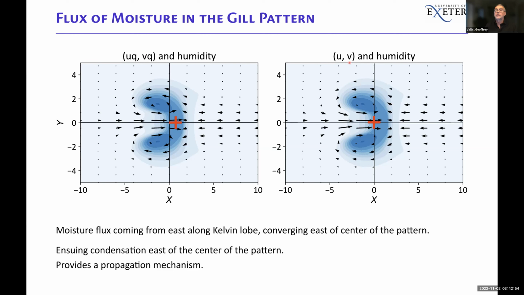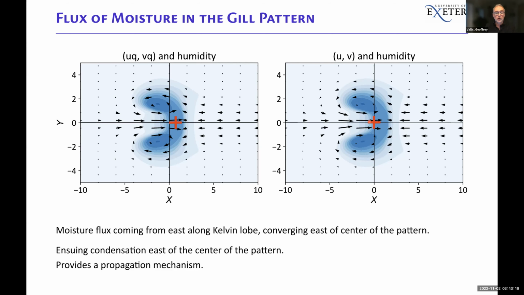Here I'm looking at just u and v and the humidity, again in blue. But the red cross is where the convergence is maximum of the moisture field, and the blue cross is where the convergence occurs for the velocity field itself.